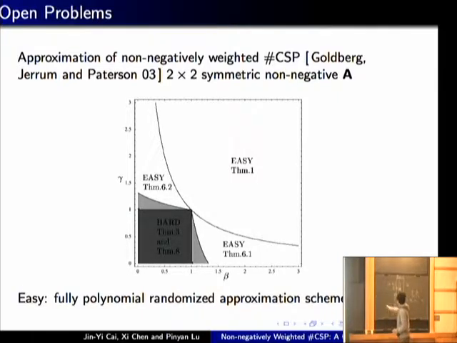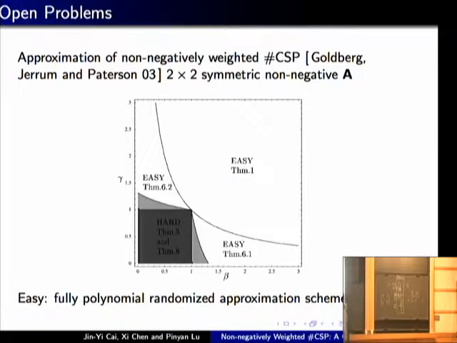To explain this picture, suppose you have a 2x2 symmetric matrix. Essentially, you have 3 free variables. Now, if you fix the off-diagonal entry to be 1, then essentially you have 2 variables. So it's 1, 1, beta, gamma. This is the result in this paper, where you have these 4 regions. These 3 regions are shown to be easy.